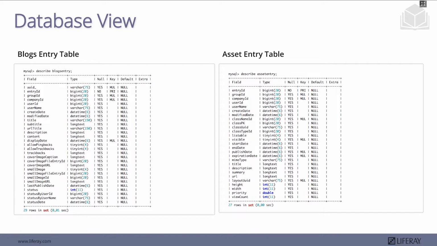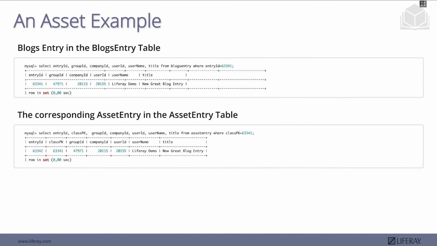So these are some of the common ones that we see. But for the asset entry, all of our assets are going to have these specific attributes. On the left is specific to the blogs. On the right is for all of the different assets that are created within Liferay.